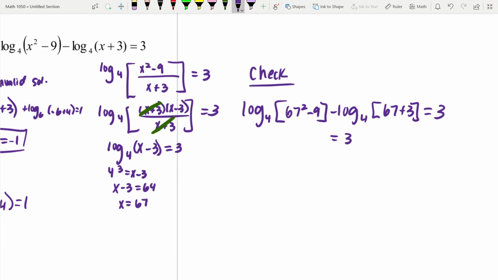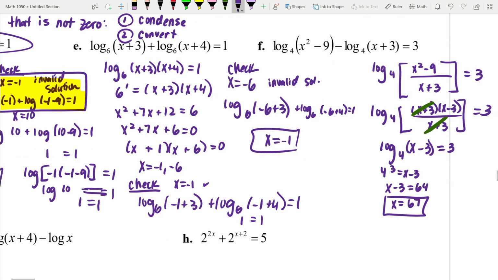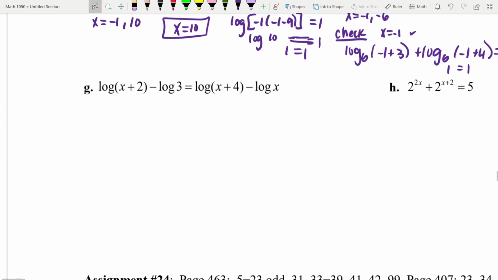So everybody go log of 67 squared minus 9, close it, divided by log 4, close it, minus log of 67 plus 3 is 70, close it off, divided by log 4, close it off, enter. I got 3 equals 3, I'm done with the problem. I walk away knowing I got it right. Okay, 2 more. Quiz next time.